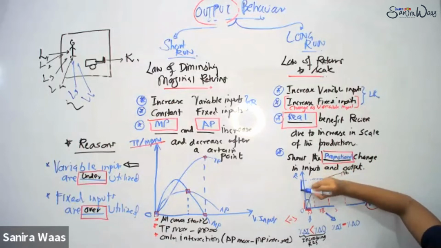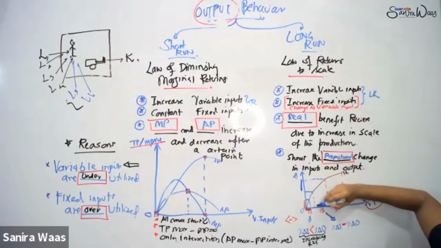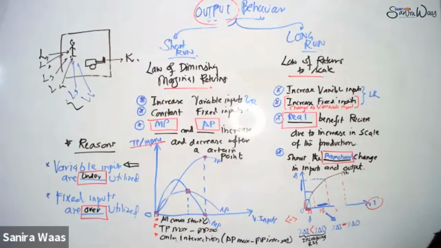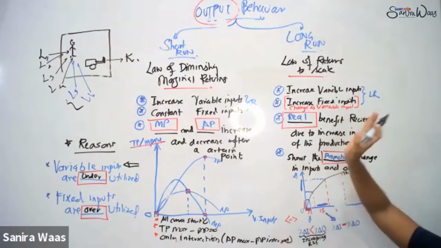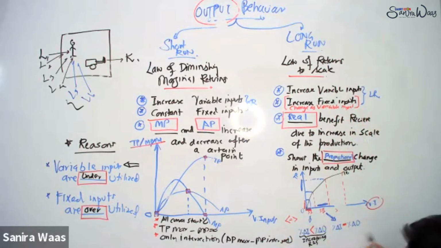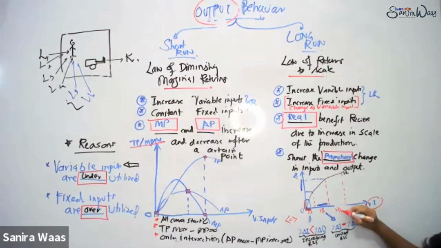This height and this height always look a little bit more equal, right? We call this one as what? Constant returns to scale.